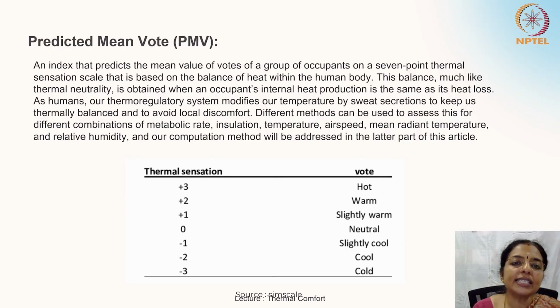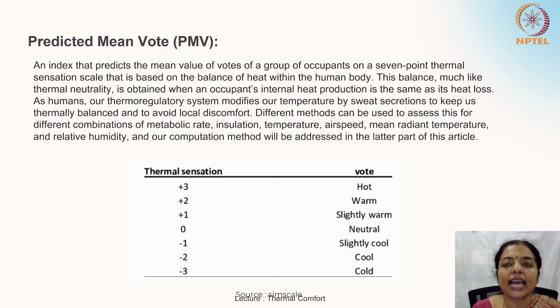Now, what is a PMV? Predicted mean vote model. So, PMV predicts the thermal sensation felt by a large group of people in a particular indoor environment.